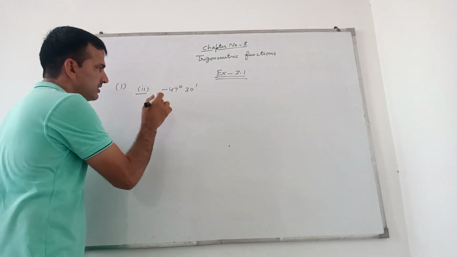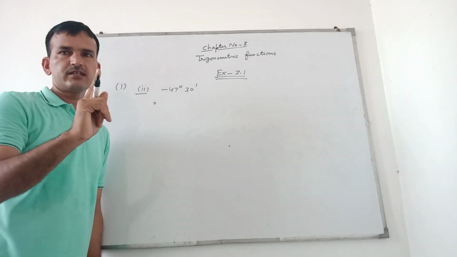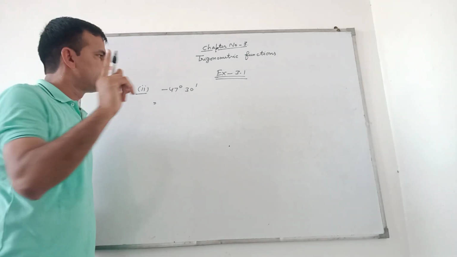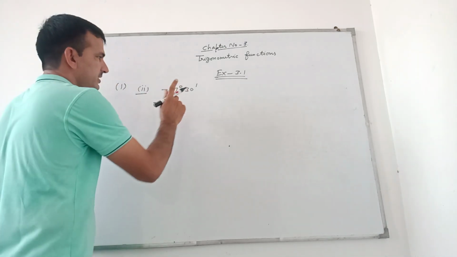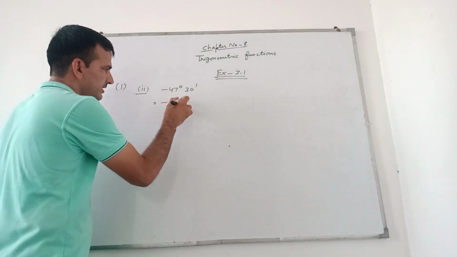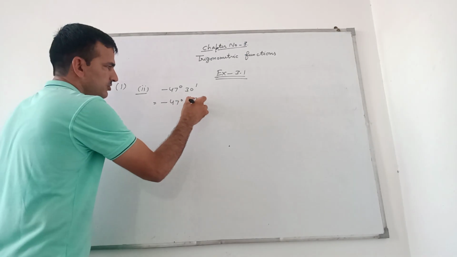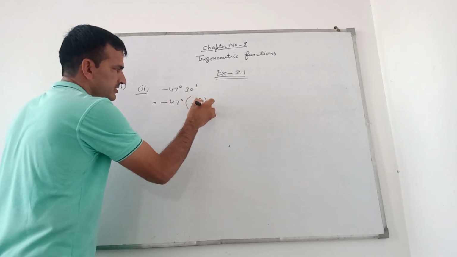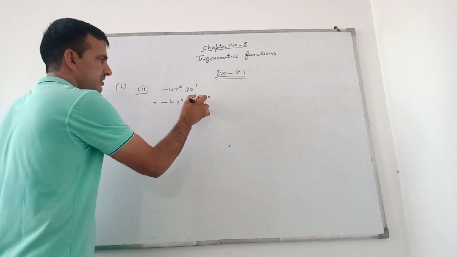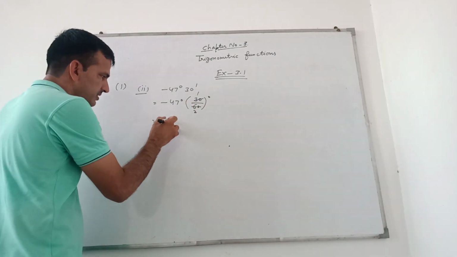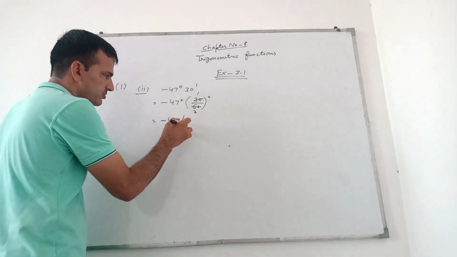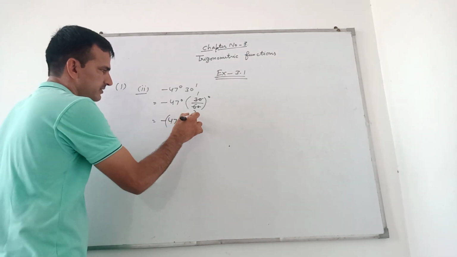We know that 1 degree equal to 60 minutes. Then 30 minutes, इसको बेटा आप चेंज करेंगे डिग्री में तो 30 डिवाइड बाय 60 डिग्री, cancel, 1/2. This becomes -47 and 1/2 degree.